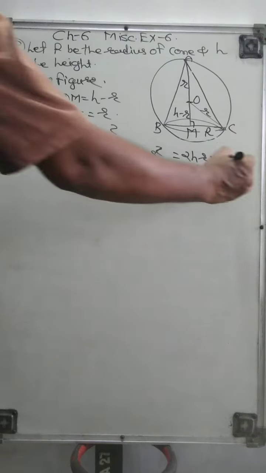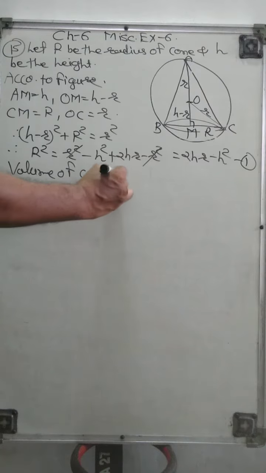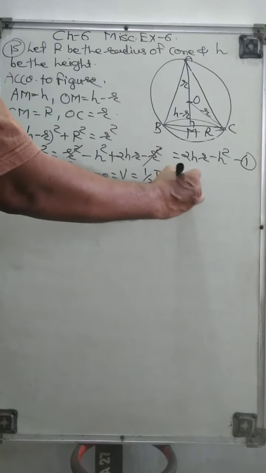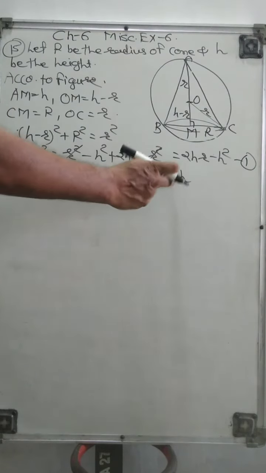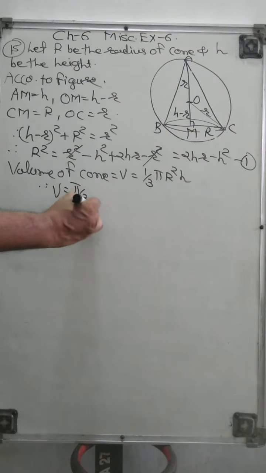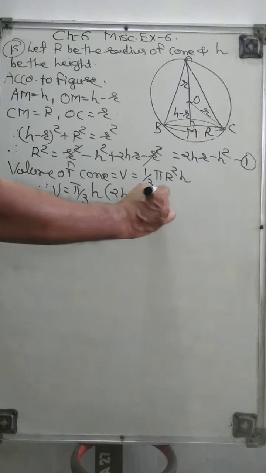Now this value we put in the volume of the cone. Volume of the cone is V, which is 1 by 3 pi R square h. Here we place the value of R square. Therefore V is equal to pi by 3 h times 2hr minus h square.